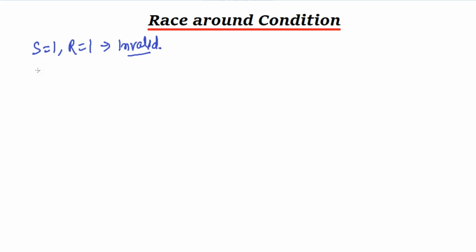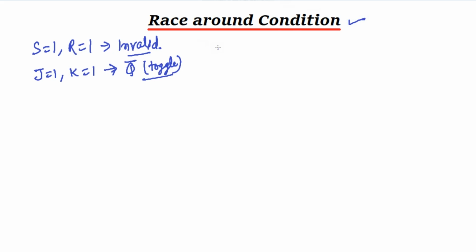In the JK flip-flop, if J is equal to 1 and K is equal to 1, we get the output Q bar, which we call toggle mode. So here we got a valid output, but a new problem arises, and this problem is called the race around condition.